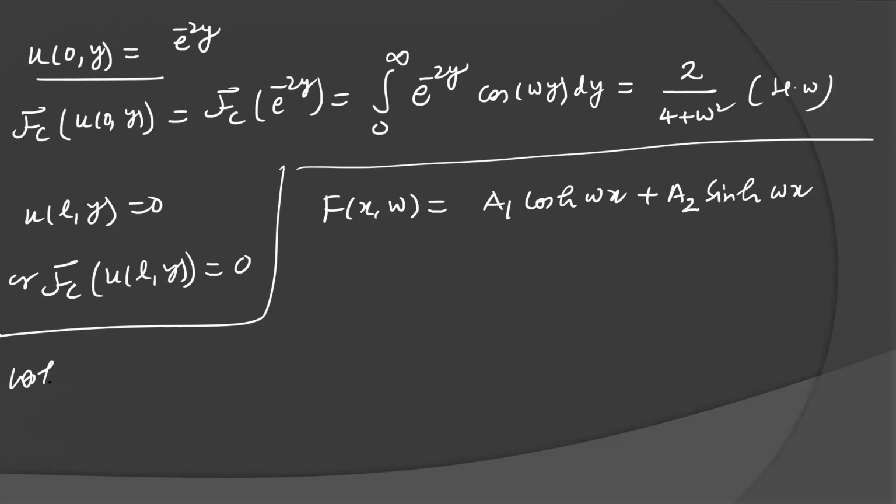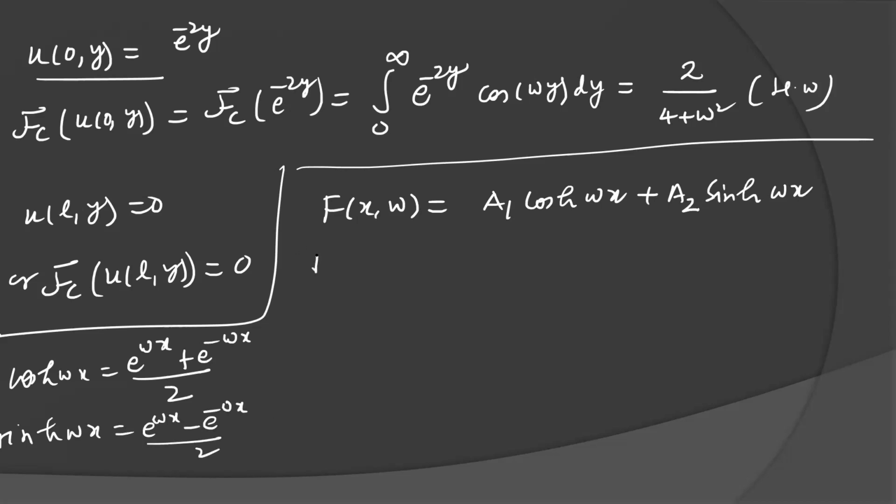Remember, cos hyperbolic omega x is (e to the power omega x plus e to the power minus omega x) by 2, and sin hyperbolic omega x is (e to the power omega x minus e to the power minus omega x) by 2. Put x equal to 0, because we have some values here.